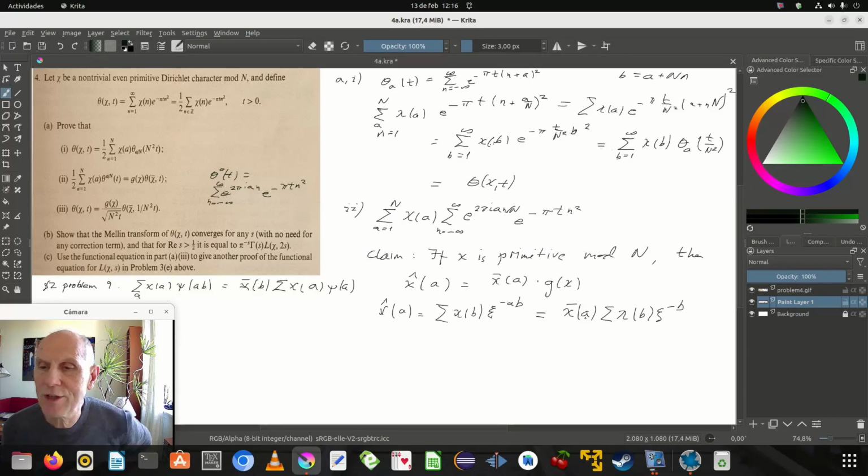And this was where I got stuck. I had seen this, but I really couldn't figure out how to change sign on B. And actually it's not very difficult, I think. We just multiply by chi of minus 1, and it's real.